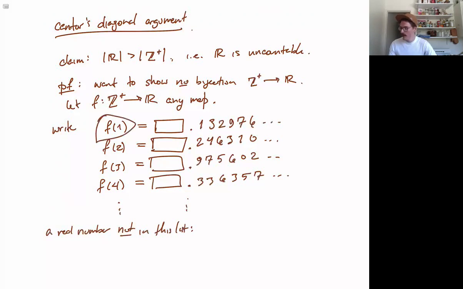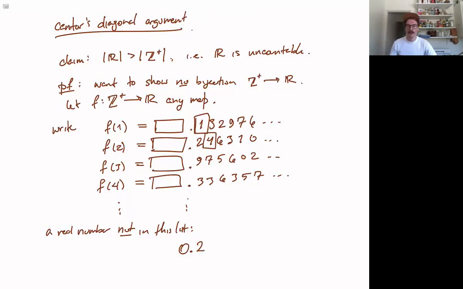So in the first row, let's look at the first decimal place. Okay, so we're going to write down a number. Let's just put a 0 before the decimal because we don't care about that part. And the first decimal place, I'm going to make it something different from this. So let me just make it the next bigger thing. I'll just keep that as a pattern. So the first decimal digit, I'm going to make it a 2. Then the second row, we look at the second decimal digit.